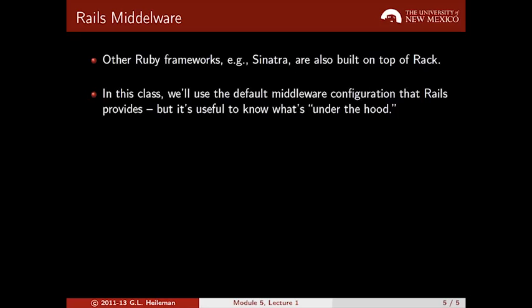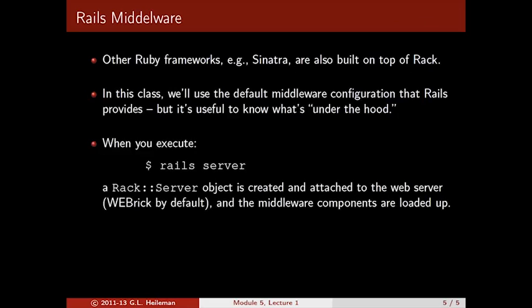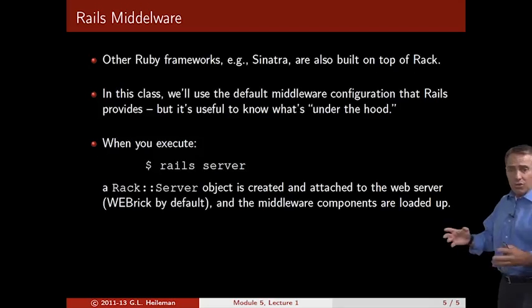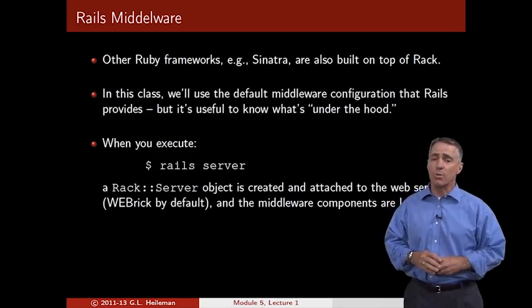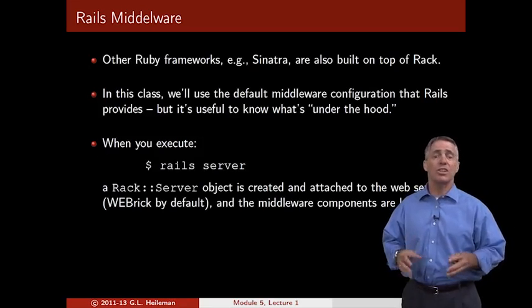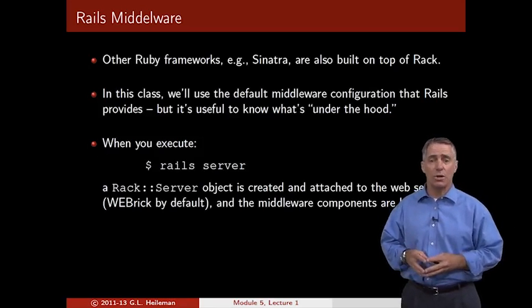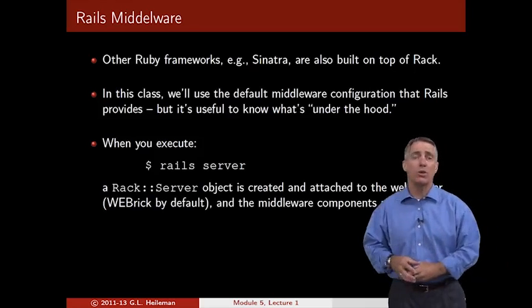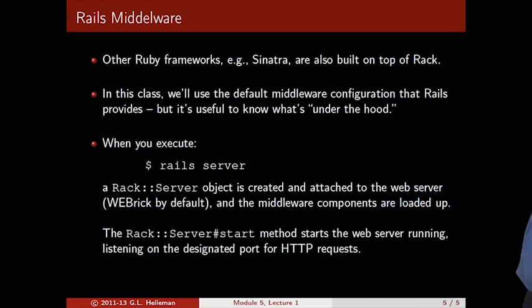And again, my point in discussing this is to make sure that you are aware of what's under the hood. And you should understand that when you execute rails server and start up the Rails server, a Rack server object is created for you. It's attached to the web server, and then all of the middleware components are loaded up for you. And then this Rack server start method is implemented.